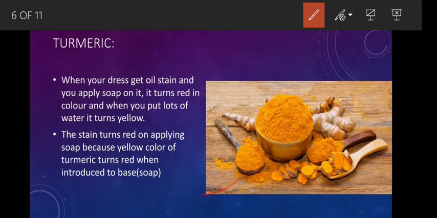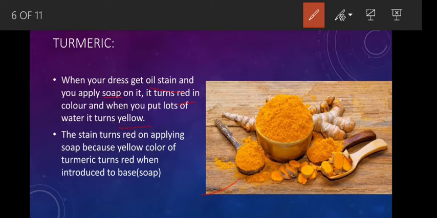Sometimes you might have seen that if your food falls on your dress, it gets an oil stain, and after that when you wash it, you put soap on it, what happens? It turns red in color, and after that if you put water on it again and again, what happens?